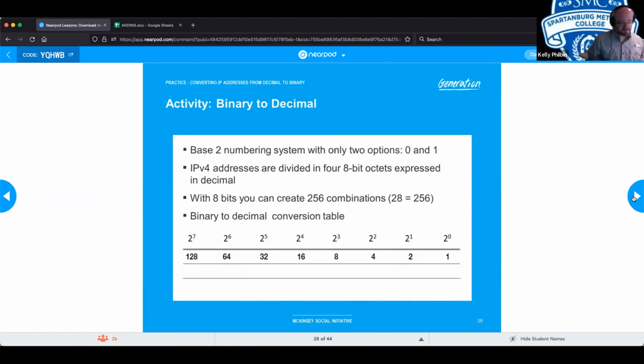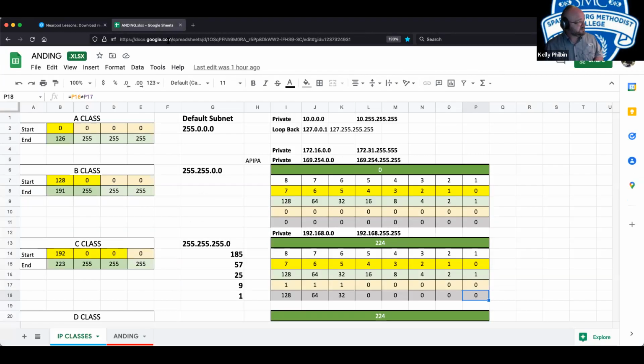Binary to decimal. I'm going to give everybody a copy of ANDing. Now, very important, make a copy of this for yourself. Do not change the original.